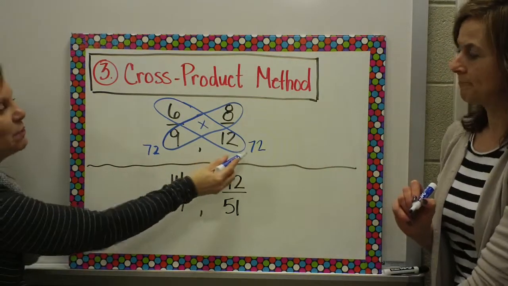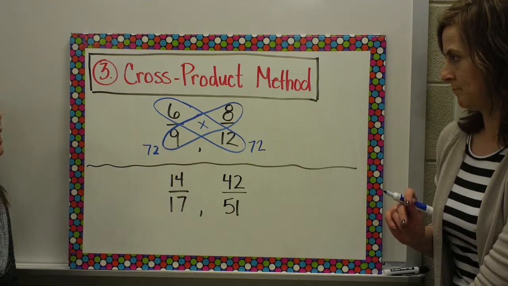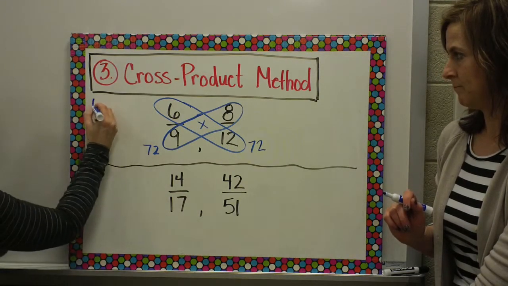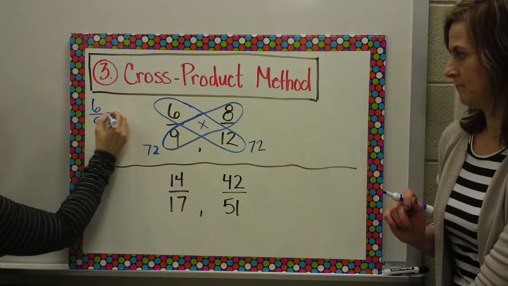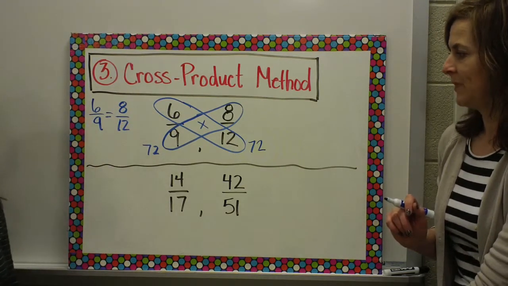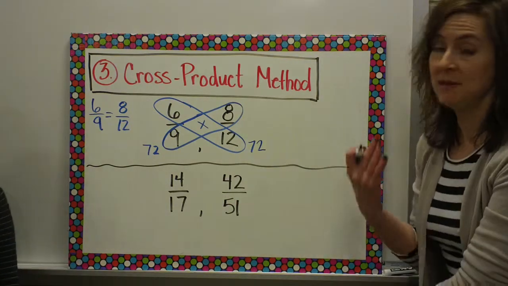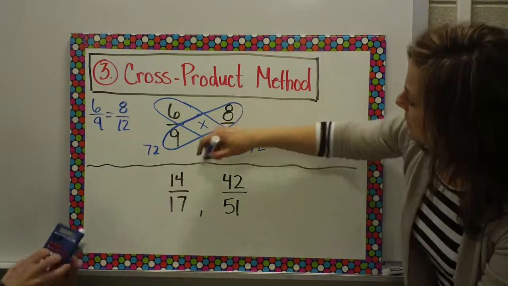If both of these products are the same, that means that you are going to be forming a proportion. So then I can write 6/9 is the same or equal to 8/12.